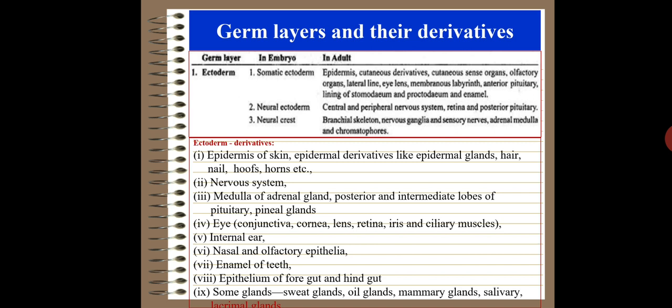So these are the derivatives which are derived from ectoderm.